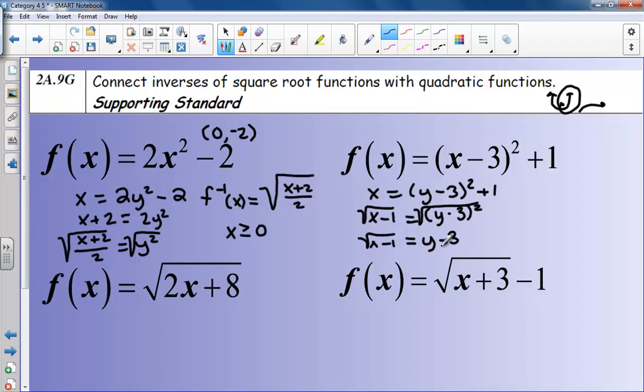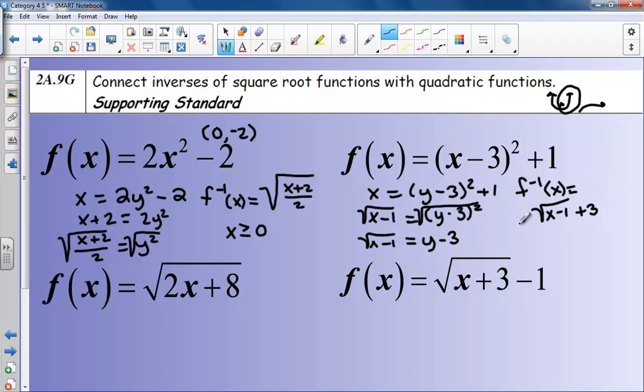And I'm going to move that 3 over, and when I do so, it is not under the root. So what I wind up with is the inverse function is, I'm going to come down below, square root of x minus 1 under the root plus 3 outside the root.